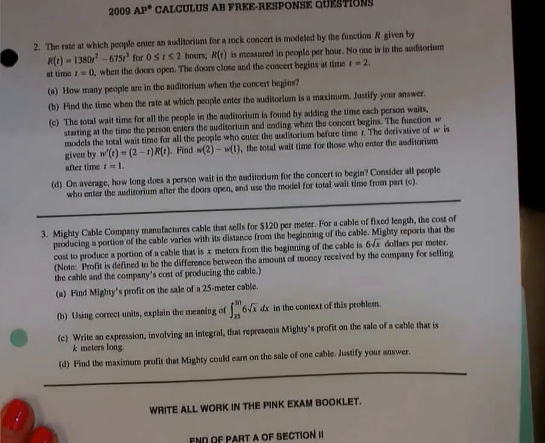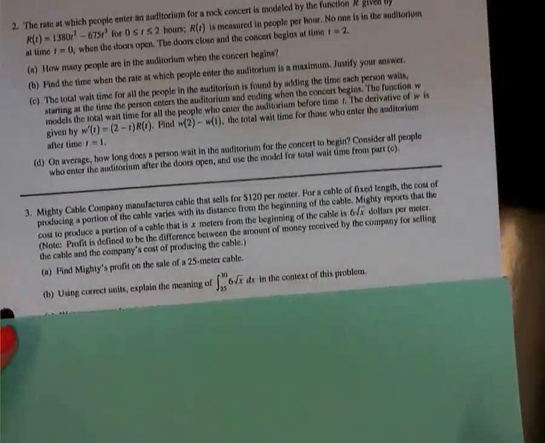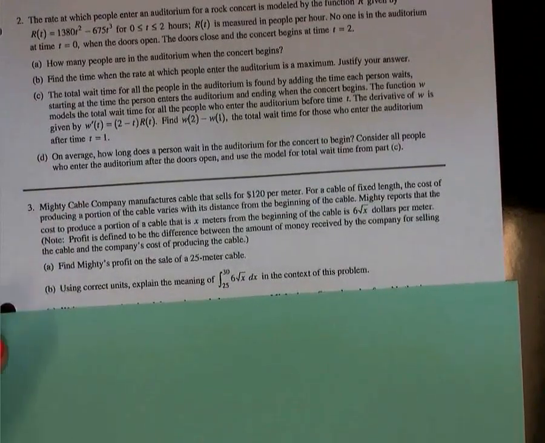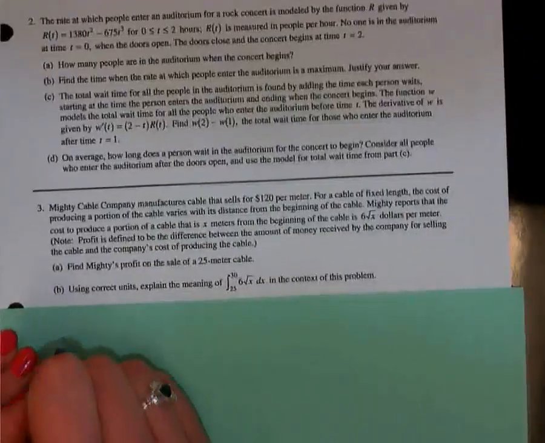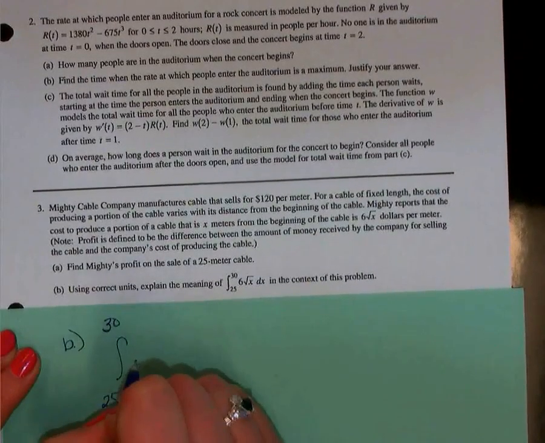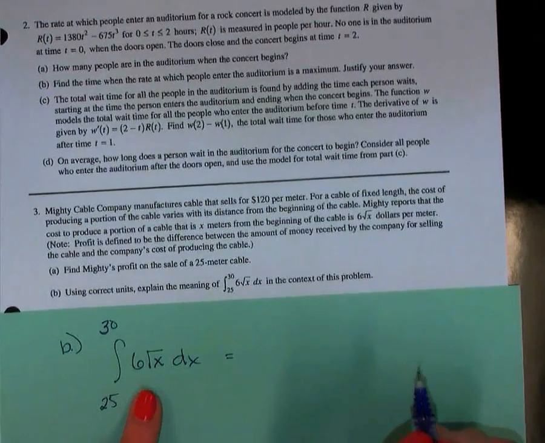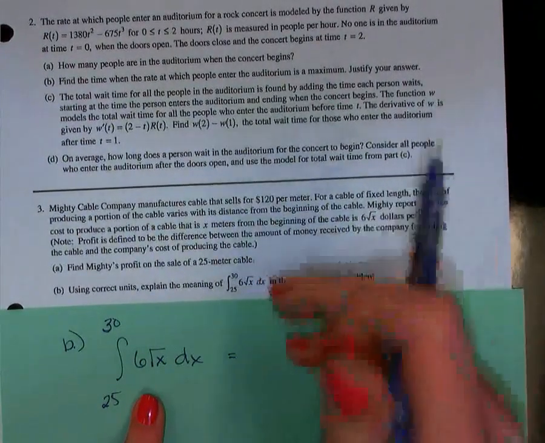If we're looking at part B, using correct units, explain the meaning of this integral. So what you want to think about, if I'm integrating, this is part B, integrating from 25 to 30, 6√x dx. What that is going to give me, when you integrate something, you get upper limit minus lower limit.